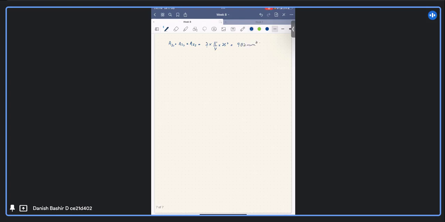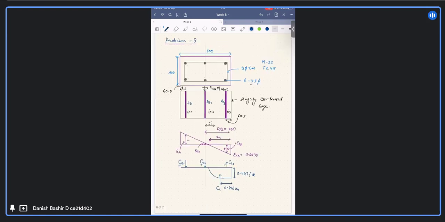So y1, as I already told you, from the negative side of the new centroidal axis it will be negative. This distance will be y1, and this will be y3. Clearly see these things. You can see y2 will be 0, because the second row is along the centroidal axis.